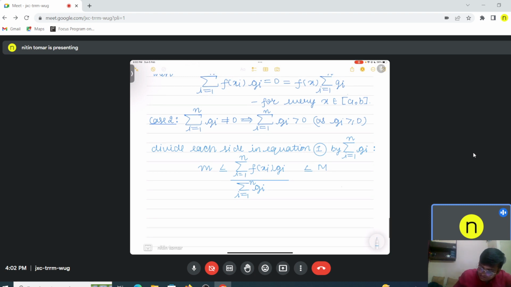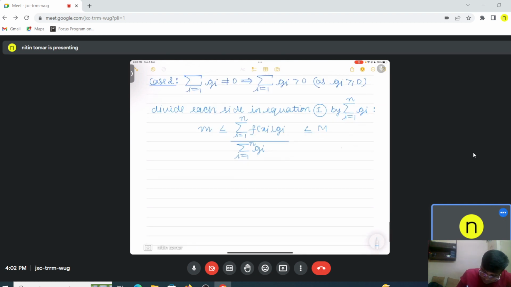Now again by the location of roots theorem, this will be equal to some f of beta and this will be equal to some f of alpha, because a continuous function attains its maximum and minimum. Let me write.